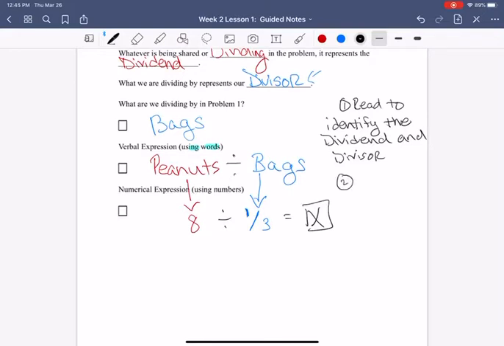Second, you're going to create a verbal expression. Remember, this is when we use only words. Then we're going to take our verbal expression and translate it into a numerical expression.